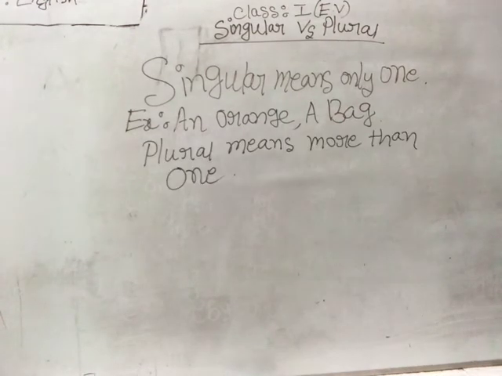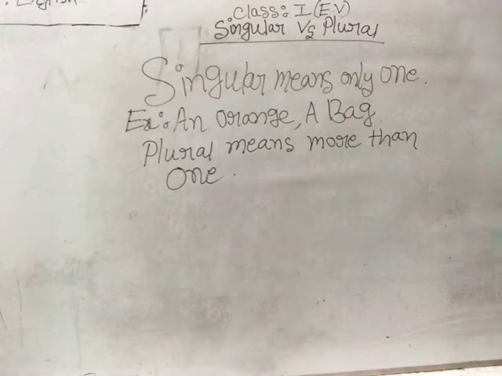Plural means more than one. What is plural? Plural means more than one. That means the thing that is not only one, that is more than one, will be counted as plural number. So we can use examples like two hens, three mangoes, two oranges, two bags.